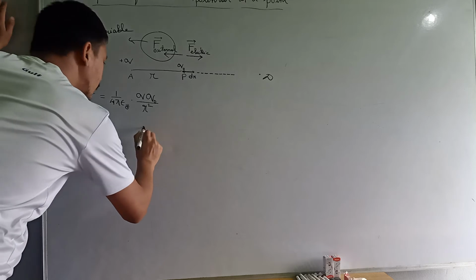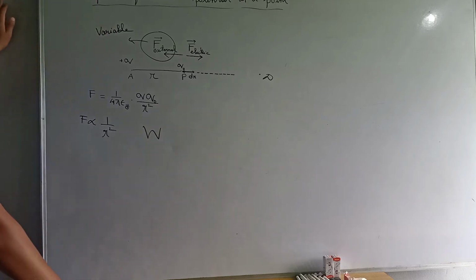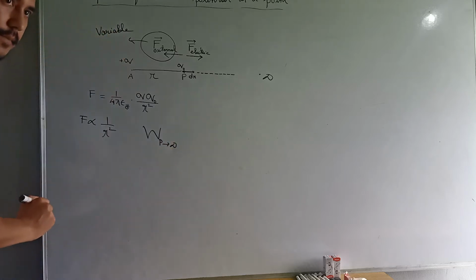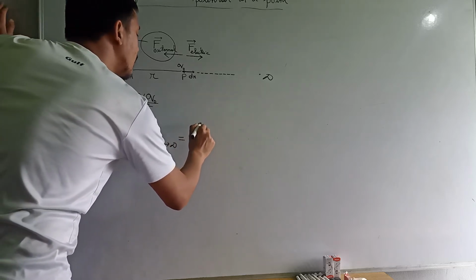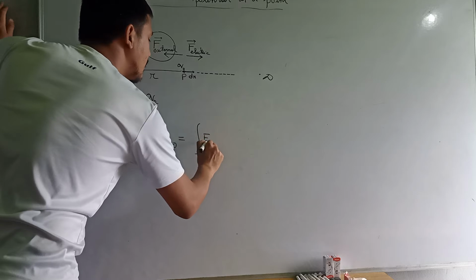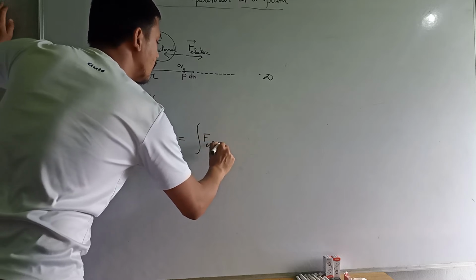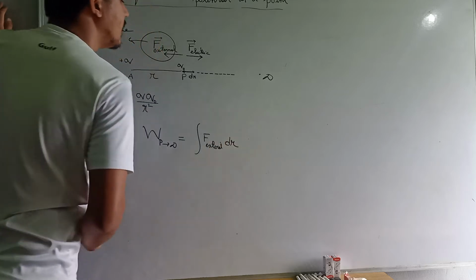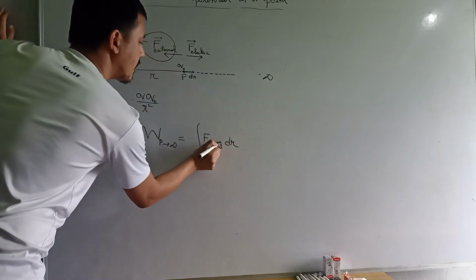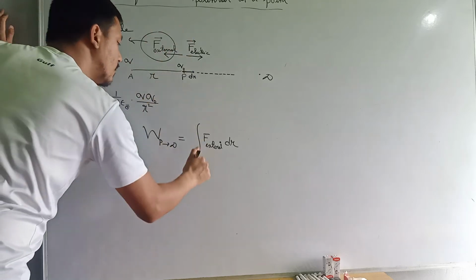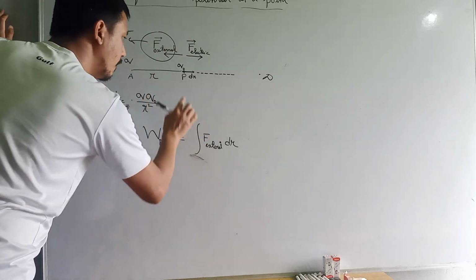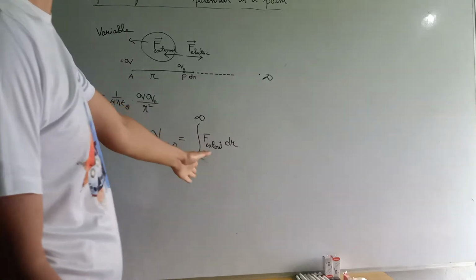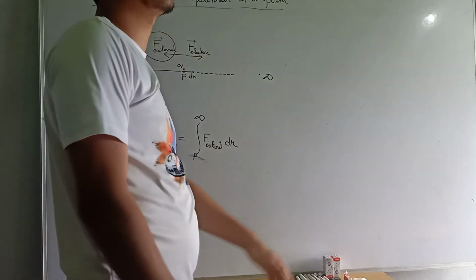Work done by the variable force in taking this Q naught from P to infinity is given by the integration of that external force dot dr, where dr is the small steps taken. So this is the formula for work done by a variable force.